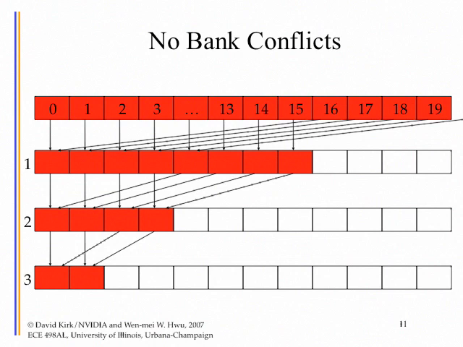So that when the first access to the shared memory happens, there's no bank conflict, and the second access for the second input would also have no bank conflict. And you can continue to do this all the way until you reach the very end. It turns out that when you reach the very end, you're not going to have bank conflicts either, as long as you keep reducing them into consecutive locations.